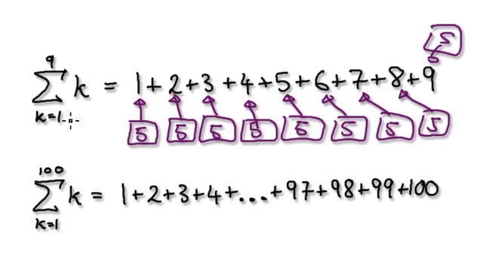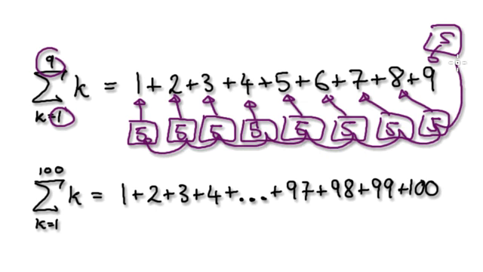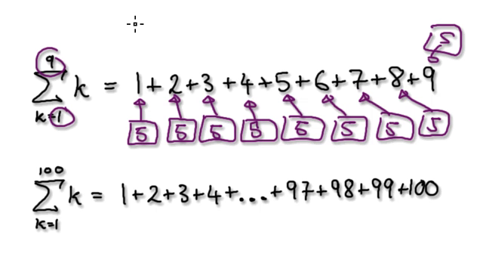So now you've got 9 blocks here. You've got 1, 2, 3, 4, 5, 6, 7, 8, 9. So just get the 9 blocks times the average. This would give you 45.